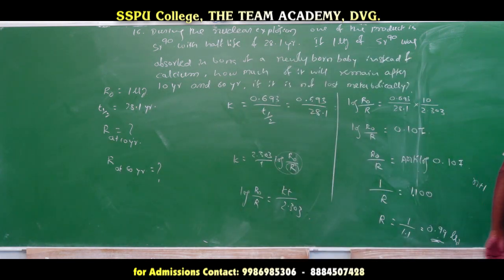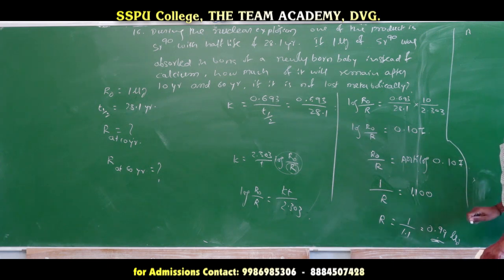Now, like that we can find out the left-over concentration after 60 years, where log R naught by R equals KT by 2.303.